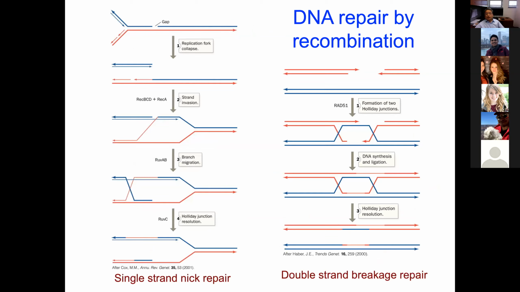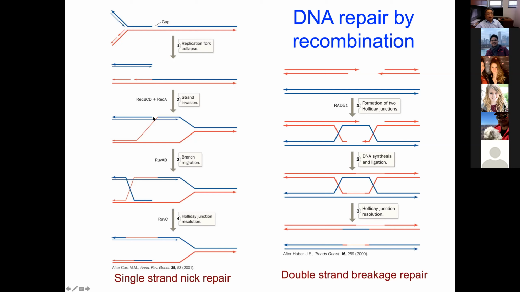So this homologous DNA recombination can be involved in DNA damage repair. For example, if one of the double strands is damaged, which could have a nick on it, and the replication fork replicates this DNA, it will stop once it meets this gap region.